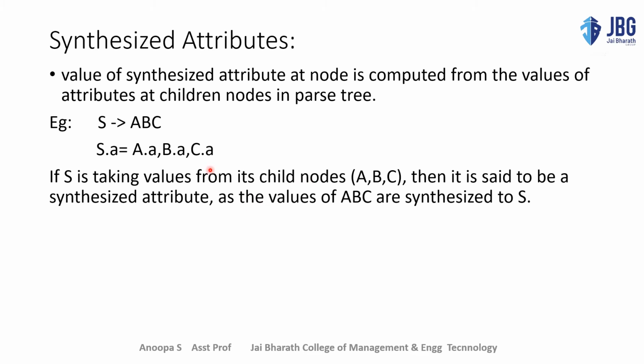For example, S giving ABC is a production. Now attaching attributes: S dot a equal to A dot a, B dot a, C dot a. This means that the value of the attribute of S can be any one of A, B or C. Then it is known as a synthesized attribute.